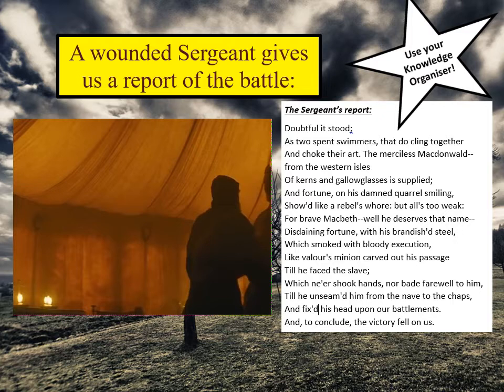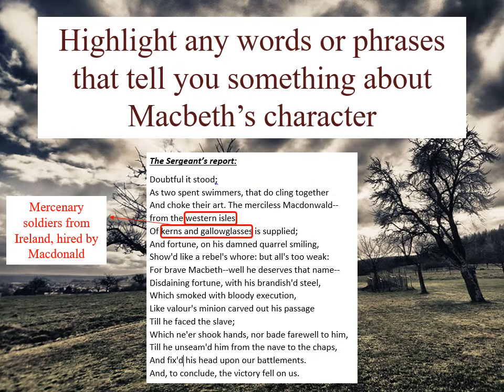The sergeant has given us a report of Macbeth in battle. We've got some key descriptions here that I want you to dig into, and I'm not going to tell you what they are yet. What I'd like you to do is take your copy of this extract. You should be able to find it in your files section on Teams, and I want you to annotate it.